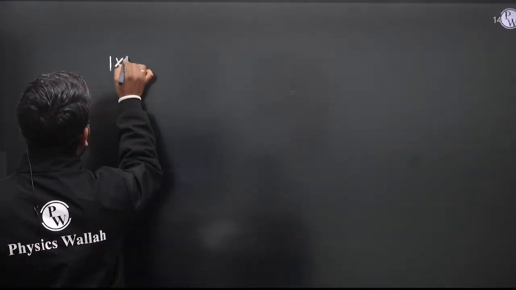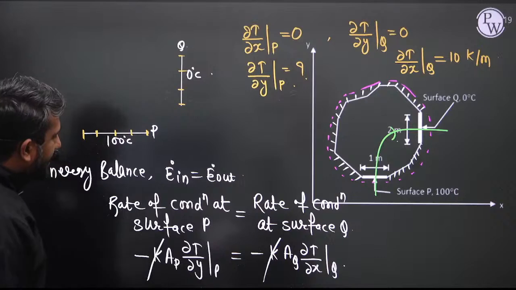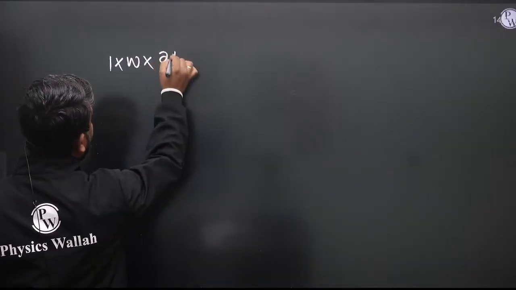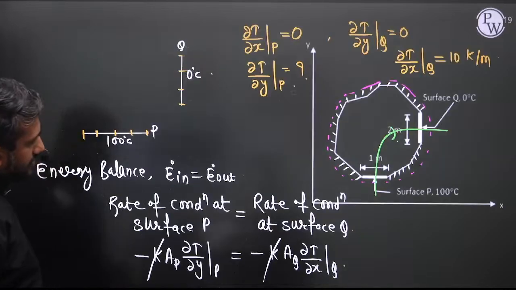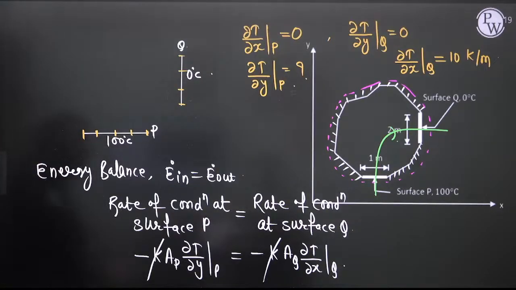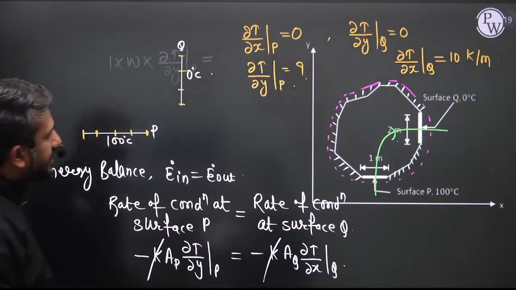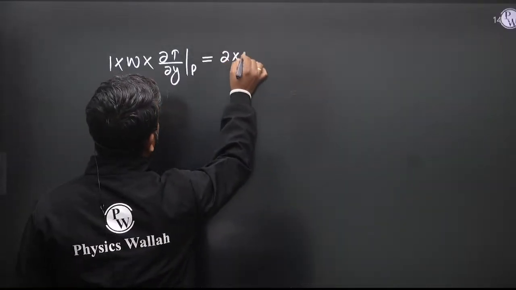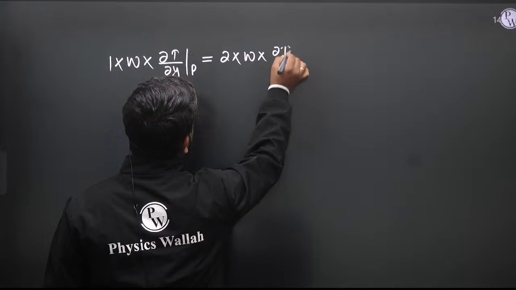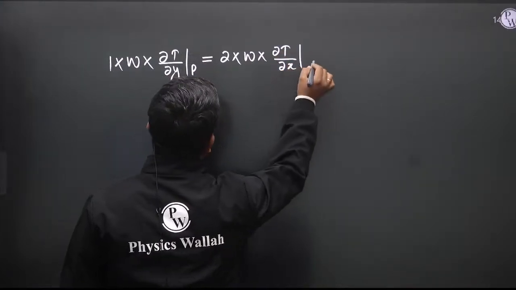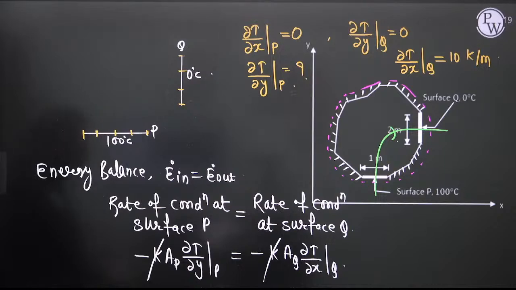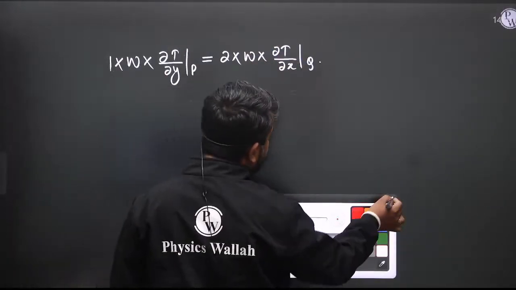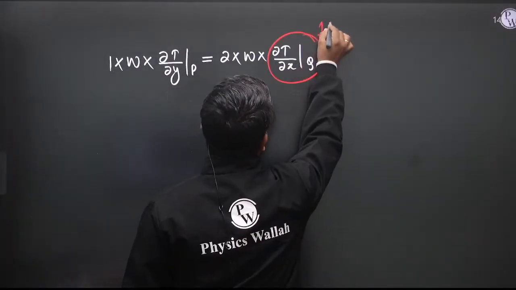So this is 1 into W into del T by del Y at surface P, which is asked. Del T by del Y at surface P is unknown. Now this is equal to the area of surface Q normal to the conduction heat transfer, 2 multiplied by W, times del T by del X at surface Q, which is given, that is 10.